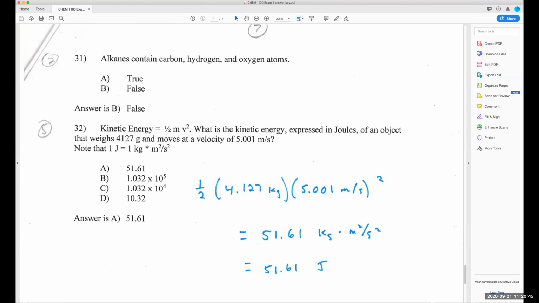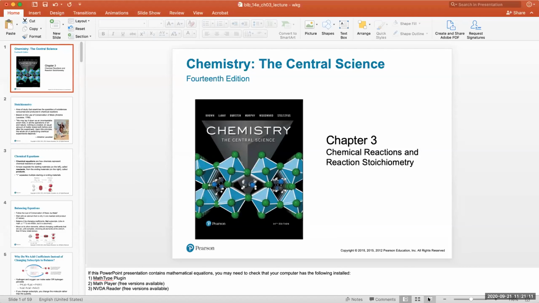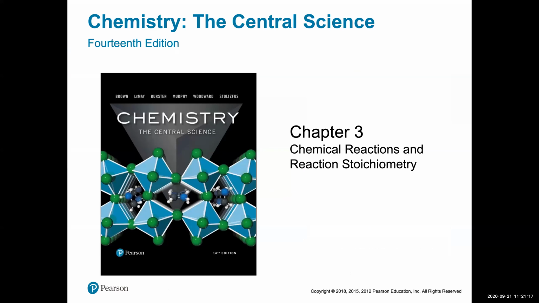Okay, so let me pull up chapter 3 here. Any idea why that doesn't come up on the screen? It doesn't come up on the screen. So the sharing people see the slides, but in here we get that.